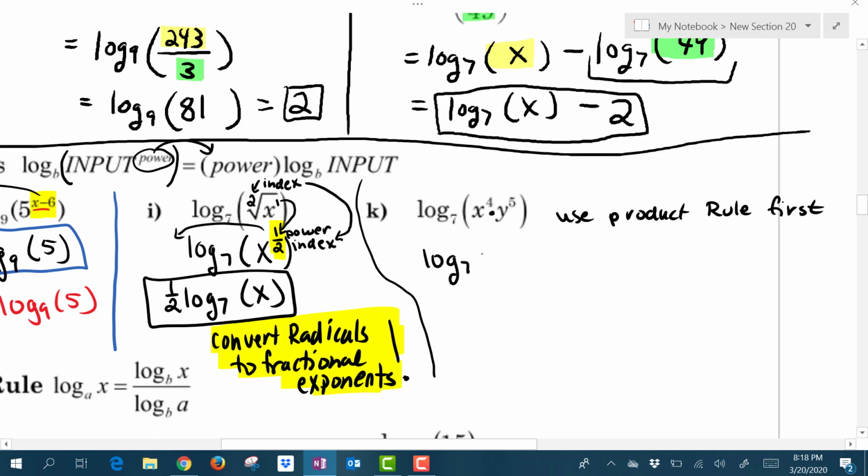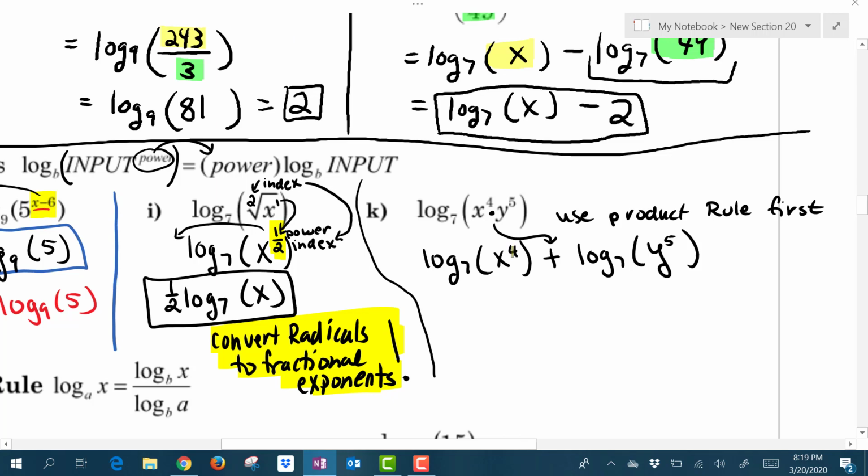I'm going to use the product rule to write this as log base 7 of x to the power of 4 plus, so multiplying in between two things inside of a single log gives us adding in between two logs of the same base. And in the second log I'm going to put y to the power of 5.